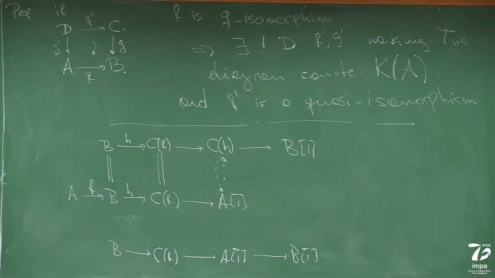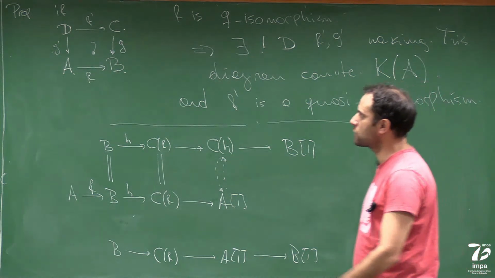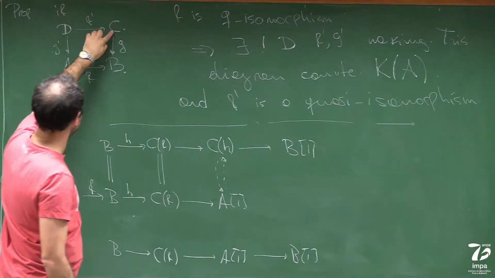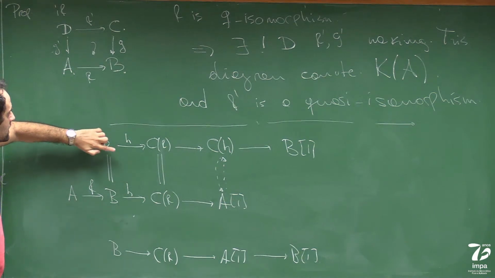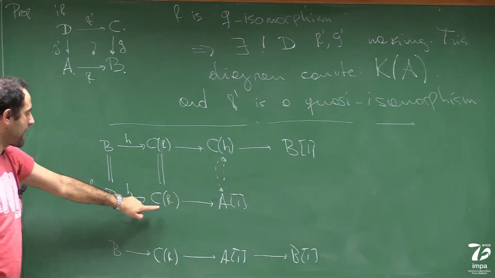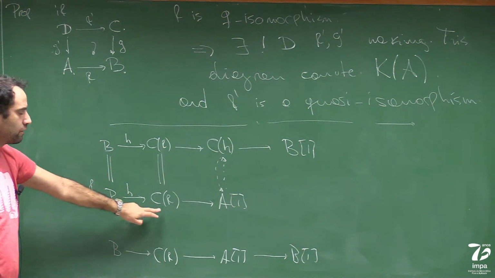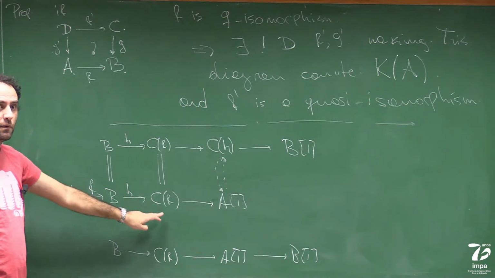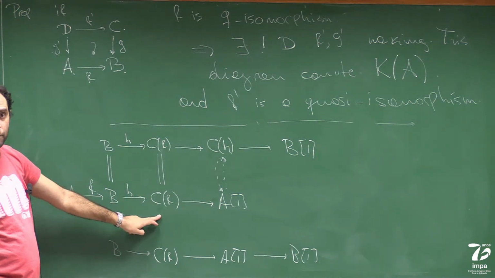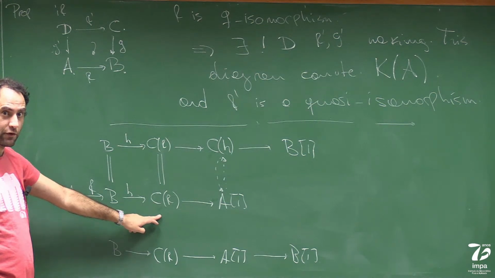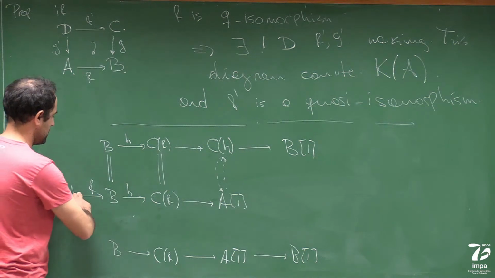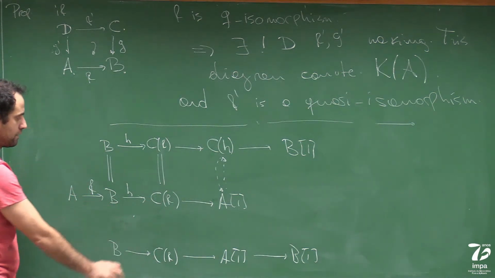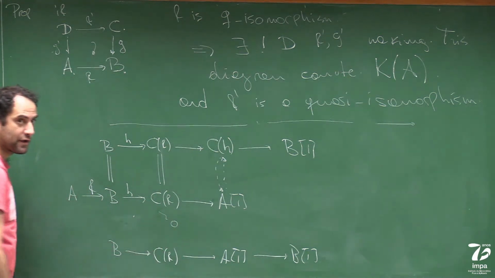The first observation is what I need to construct this G, and I want to check that I have a quasi-isomorphism. Now, why am I using the cone everywhere? It's that I know that the cone of a quasi-isomorphism is quasi-isomorphic to 0, which is something we've checked several times. So I know that this is the same thing as 0 in the derived category.